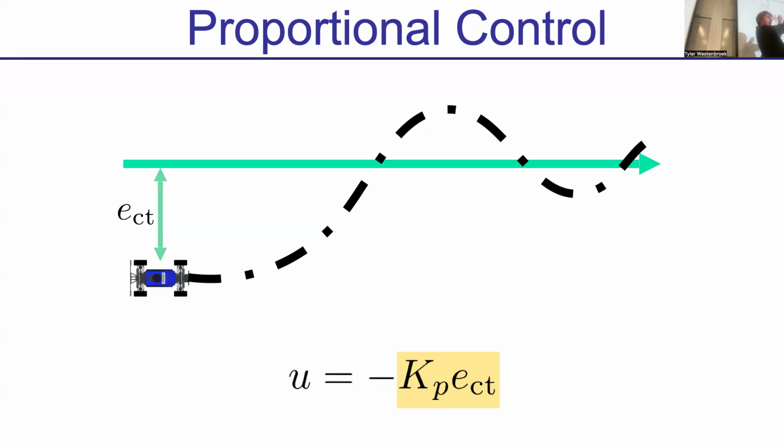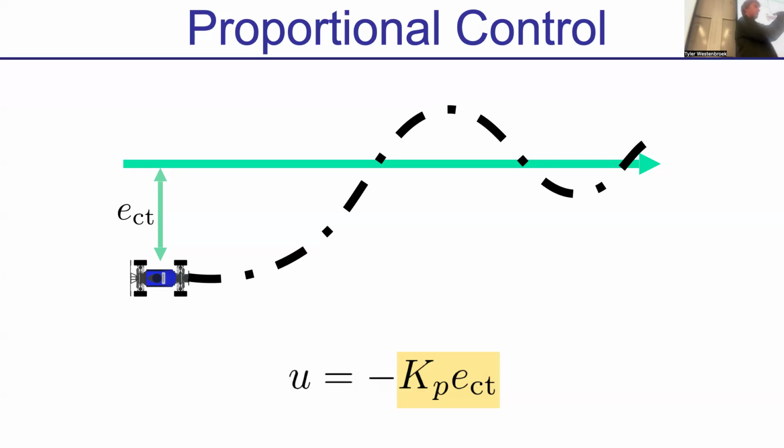If I'm above, I'm always trying to pull down. The proportional term generally pushes you in the right direction, but because it's not accounting for what you're trying to do in the future, on its own it will never get your system to converge all the way to the thing you're trying to do.